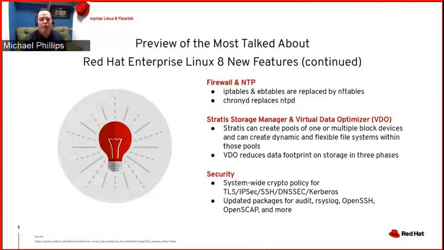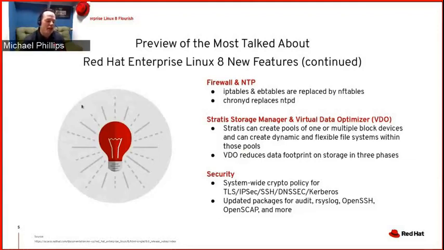There have been security upgrades, right? So there's a system-wide crypto policy for TLS, IPsec, SSH, DNSSEC, Kerberos. There's a command, update-crypto-policies, that can be run. There have also been updated packages for audit, rsyslog, OpenSSH, OpenSCAP. So again, these are just some of the highlights.